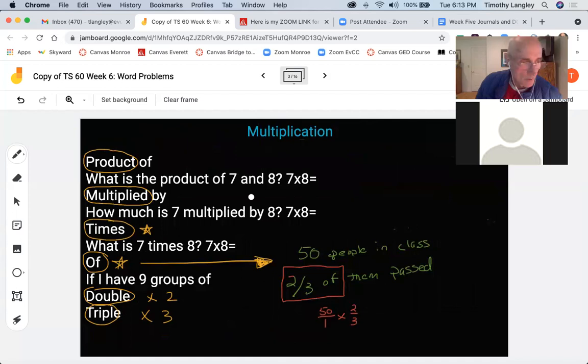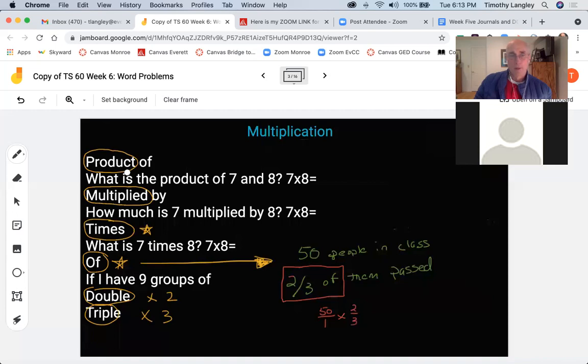All right, a couple of multiplication words, okay? So go ahead in your notes, and label this maybe with different colors, multiplication, just like I have modeled on the screen here. A couple of words that very often indicate that you're multiplying is the product.